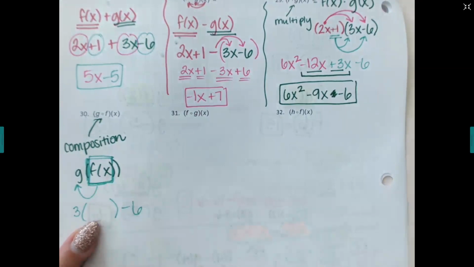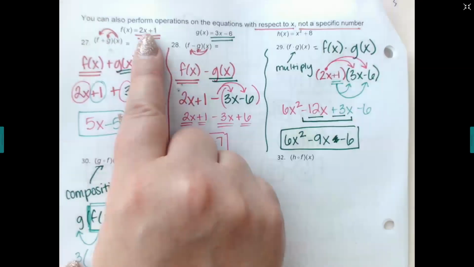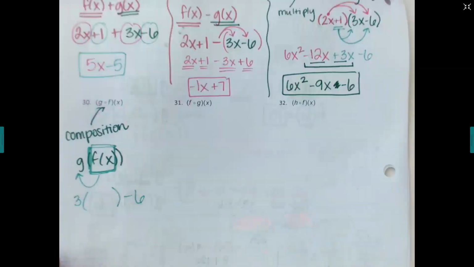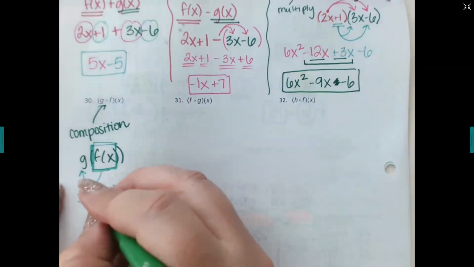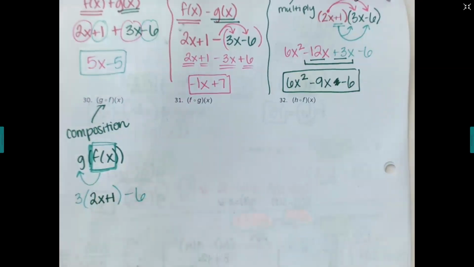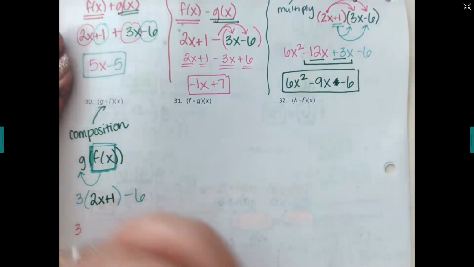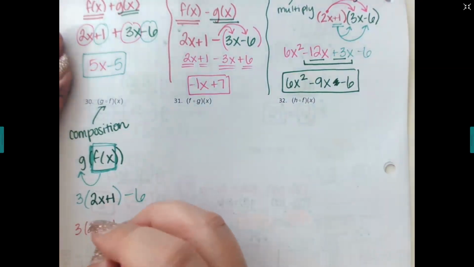Okay, and so if you look up there at the top, your F formula was a 2x plus 1. Okay, so you're essentially plugging one formula into the other formula. And then I would say, okay, well, now let's just break this down. So I have a 3 parentheses, 2x plus 1, and then a minus 6.